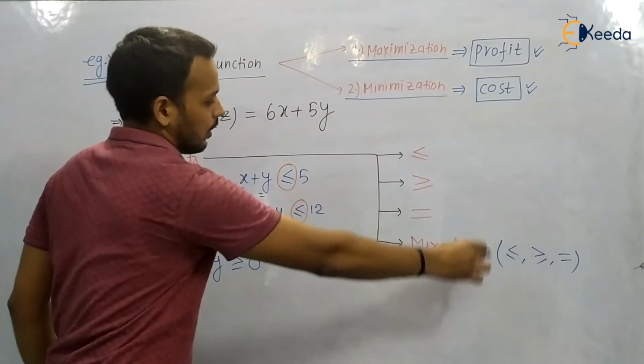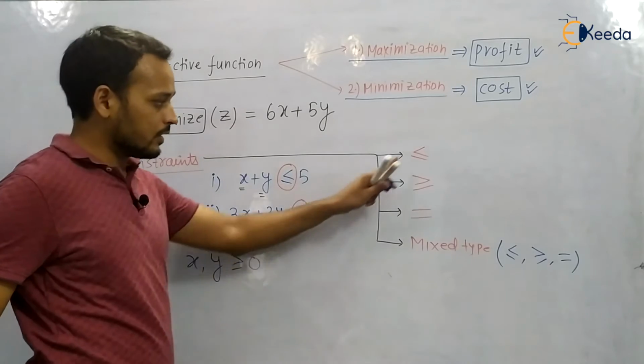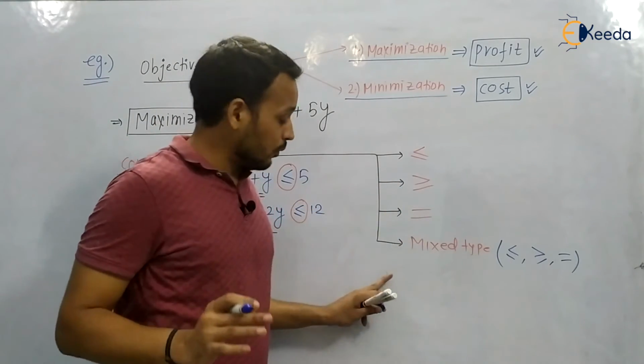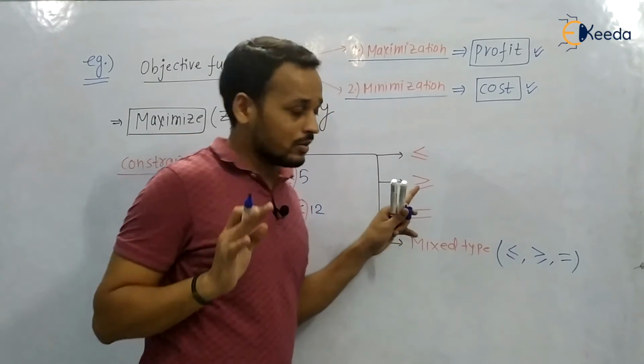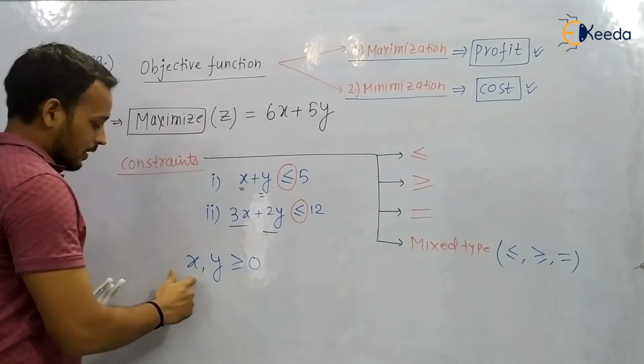So these four types are the types of constraints. It means it can be a combination of all three.